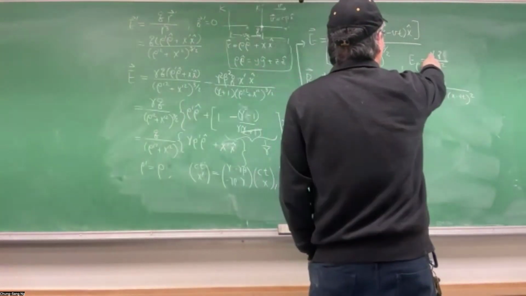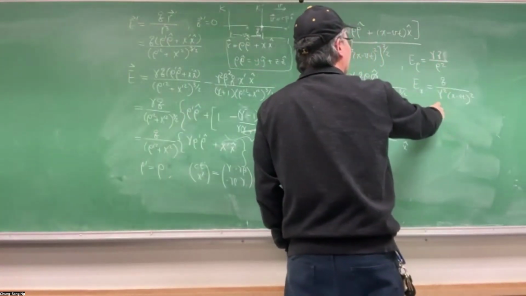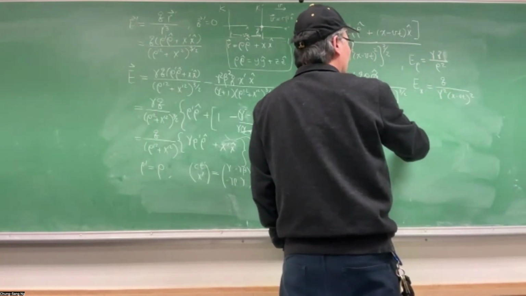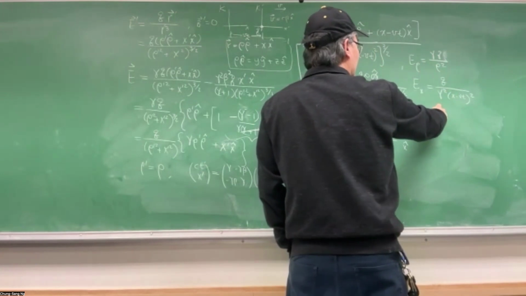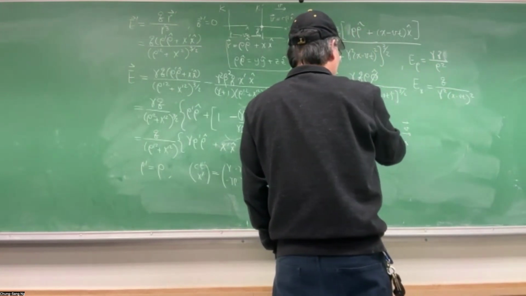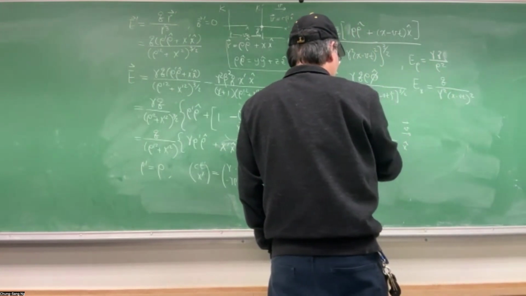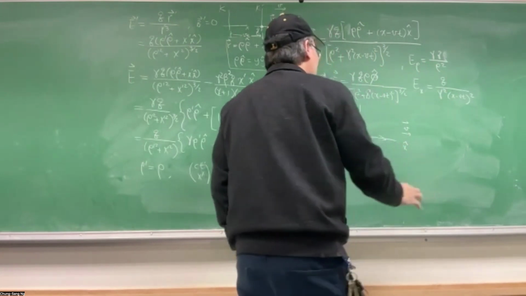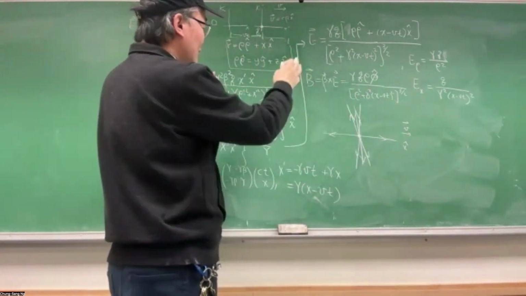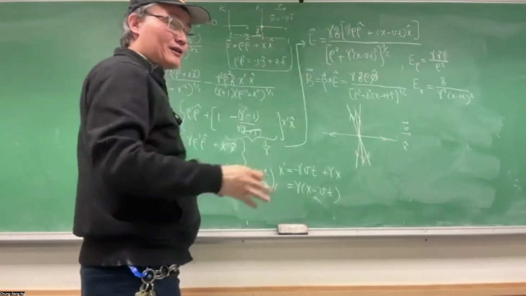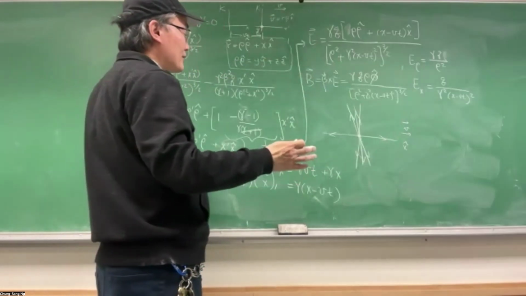But anyway, because of the gamma, if gamma is large, or v is close to the speed of light, E rho is much greater than E x. So most field lines are in the perpendicular direction rather than the parallel direction. For a Coulomb field, the field line is uniform, radial out.